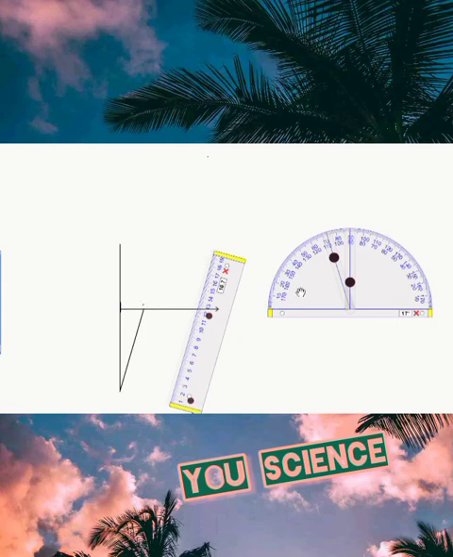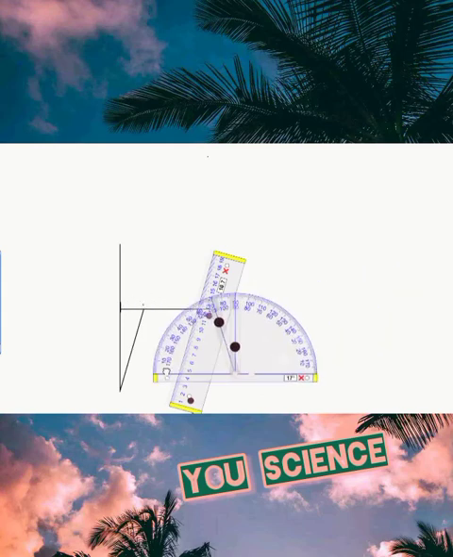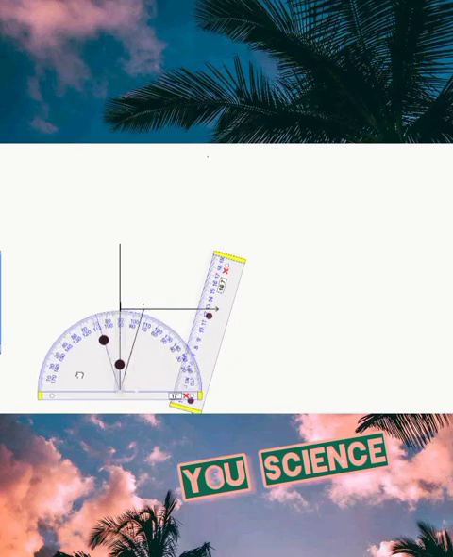So what I have to do is just to measure the angle. So by measuring this angle here, I'm going to have this. Let me adjust this a bit. So I have this. Then I'll adjust this other one this way.